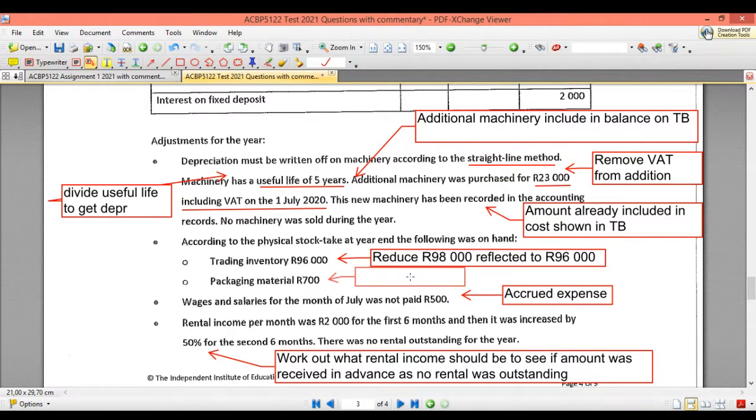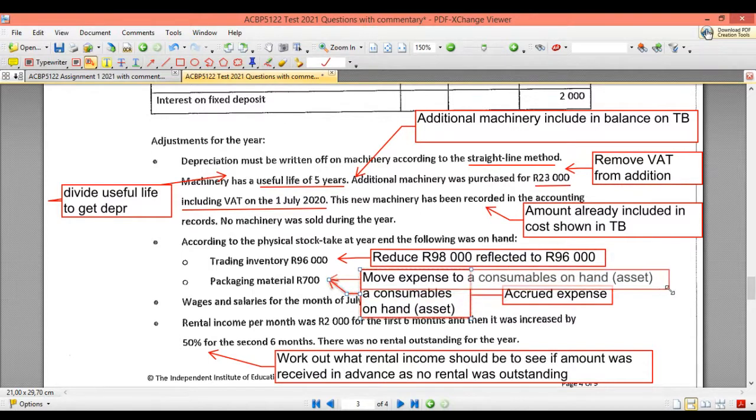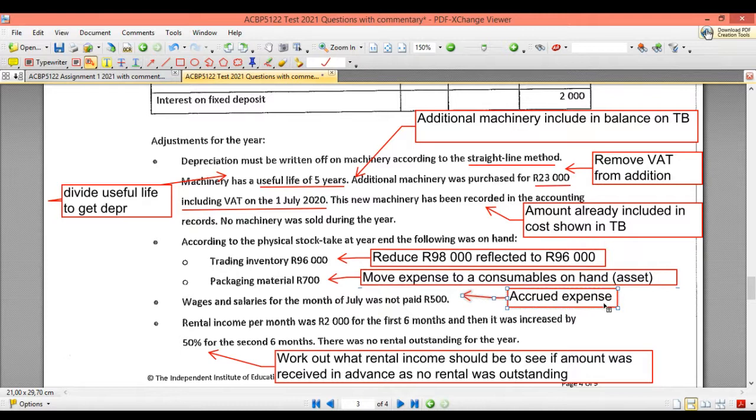Okay, and then for the packaging material, because that is normally shown as an expense, we move it from your expense account to a consumables on hand account, which is an asset account. Similar to inventory, which we do at year end for any packaging material or stationery or whatever the case may be. We show it as an asset so that we can expense it in the following year, which it relates to.